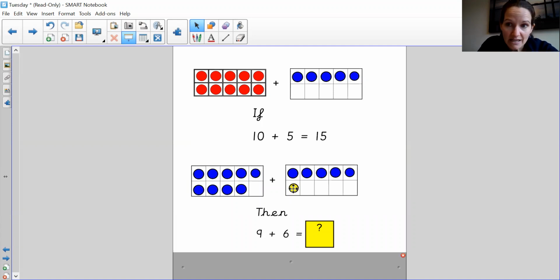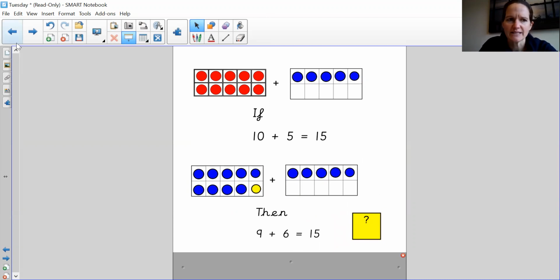So I'm going to take one of my counters from this tens frame and move it over here. So now I have 10. And over here, I don't have 6 anymore. I've got 1 less because I've taken 1 away. I now have 5. And if you look, these two pictures are the same. So if 10 plus 5 is 15, then 9 plus 6 also equals 15.